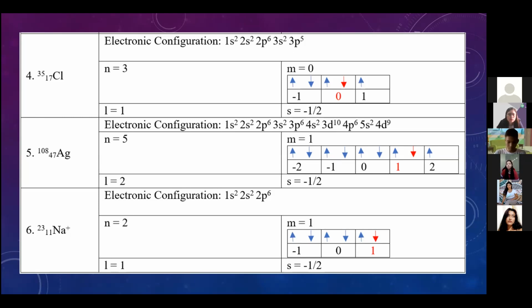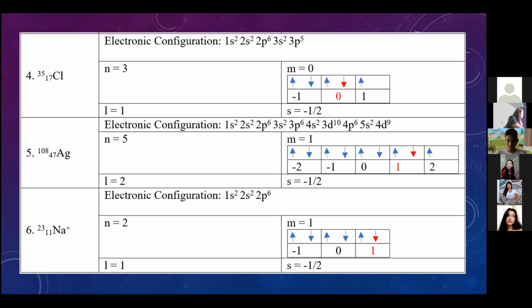This given is different from the others since it has a charge, and as you notice, we have a positive there, and it is understandable that it has a value of 1. So a positive 1 charge means we will subtract 1 from the atomic number. Since we have 11 here and a positive 1 charge, we will subtract it, 11 minus 1. So we have 10.